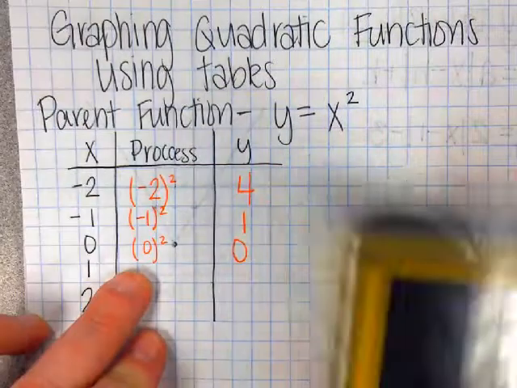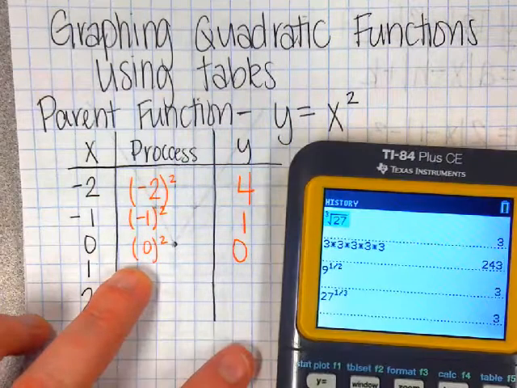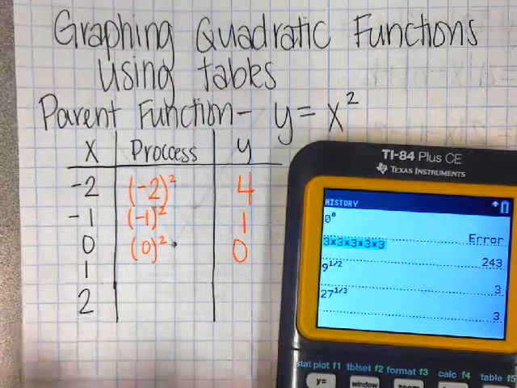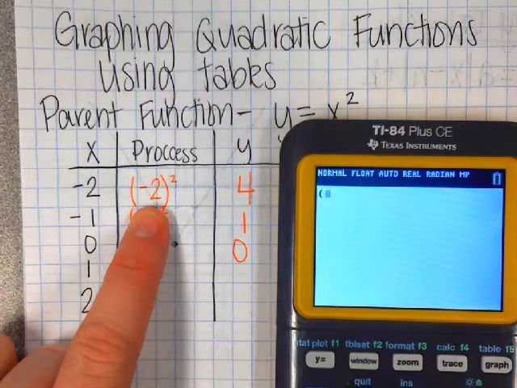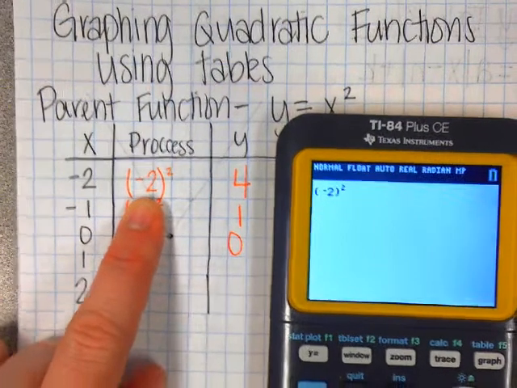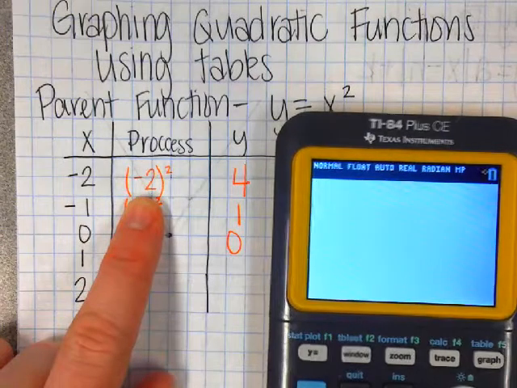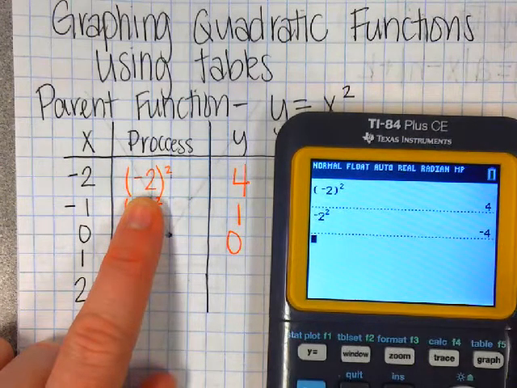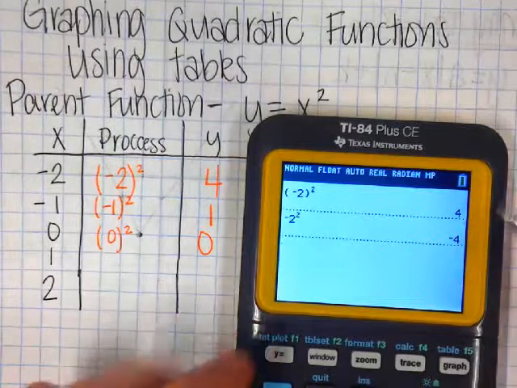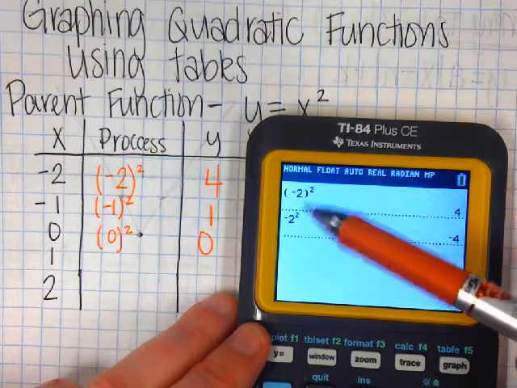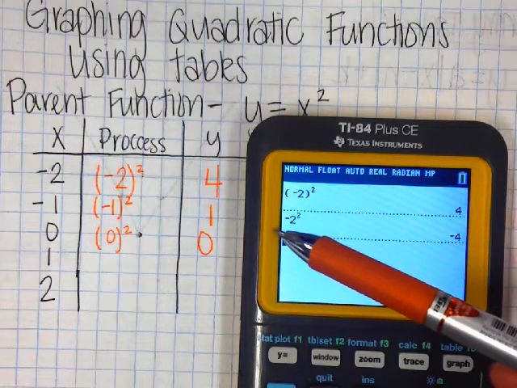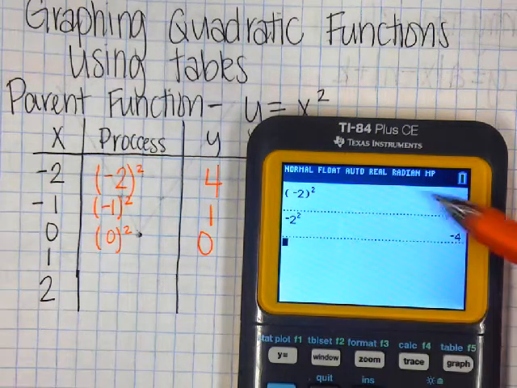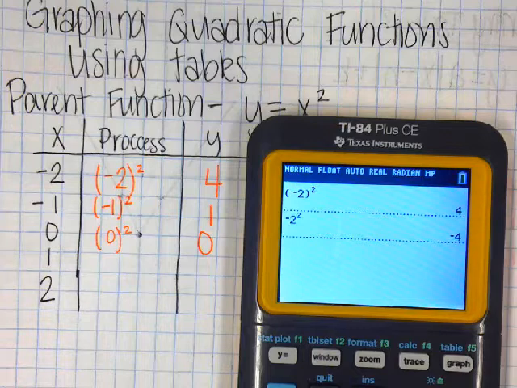I forgot I was going to type this in the calculator because I want to show you something. So let me clear my memory because I have a bunch of stuff in. So when you do this, you have to put parentheses around the negative, because if you don't, it's going to give me a negative. What the calculator does, it knows the order of operations. If you don't put the parentheses, it squares the number first and then takes the negative. But remember, a negative times a negative would have to give you a positive answer.